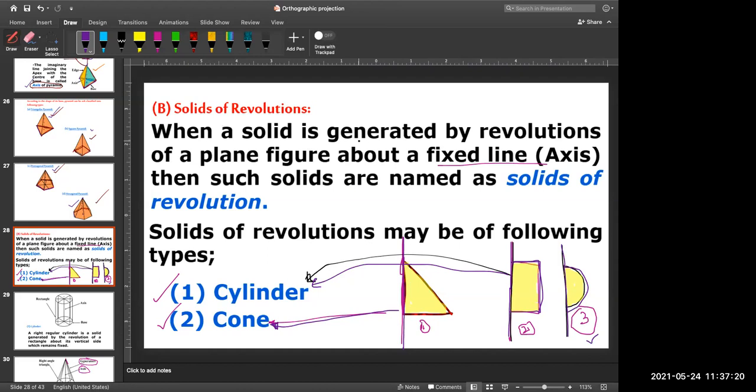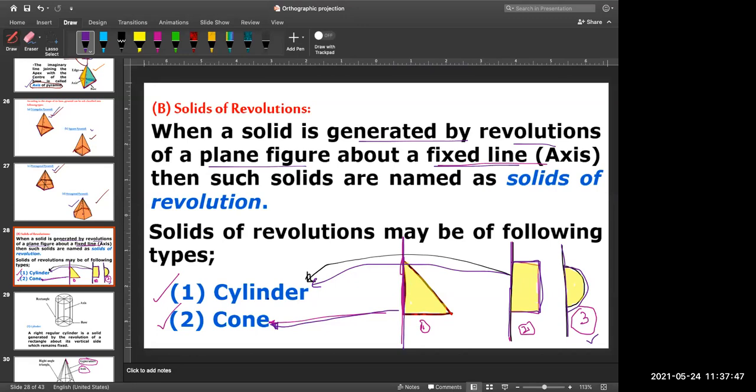When a solid is generated by revolution of a plane figure, like in figure 1 we have seen this triangle, in figure 2 a rectangle, and in figure 3 a semicircle, about a fixed line, the fixed line is your axis. Then such solids are named as solids of revolution.